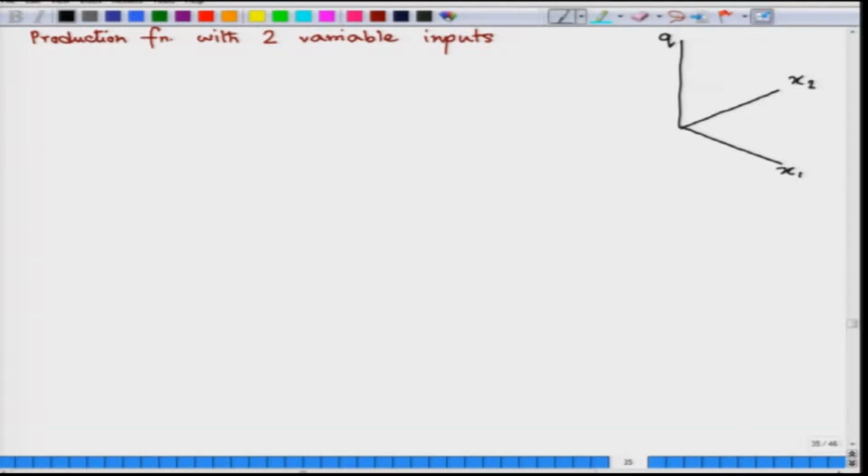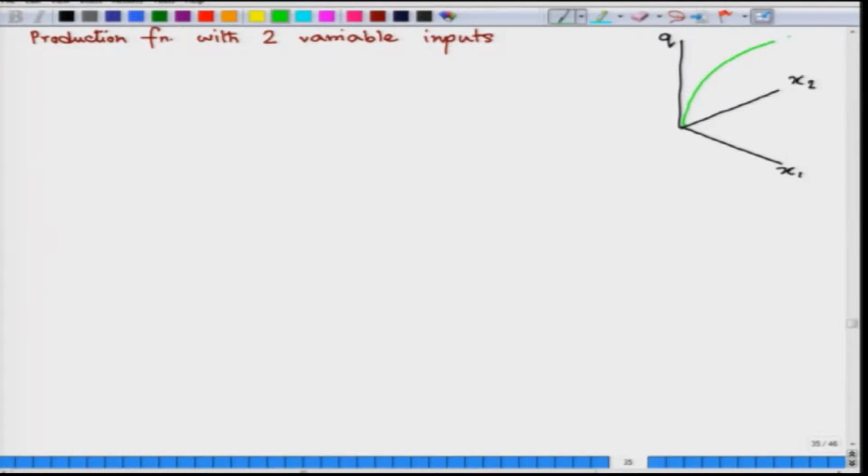So, I can now assume the law of variable proportion holds. In that case, with respect to each input axis we can have the curve moving like this.